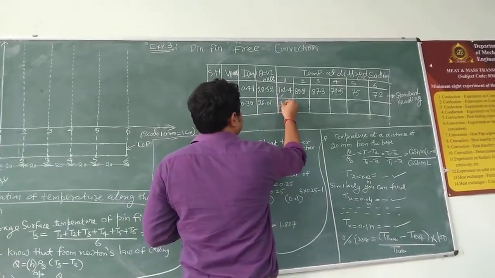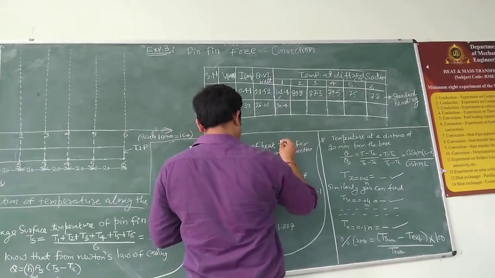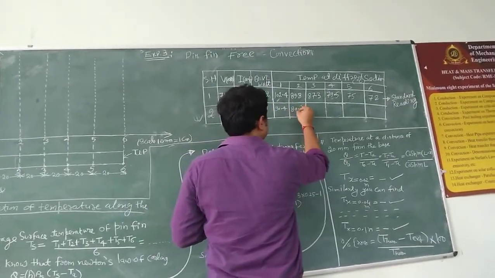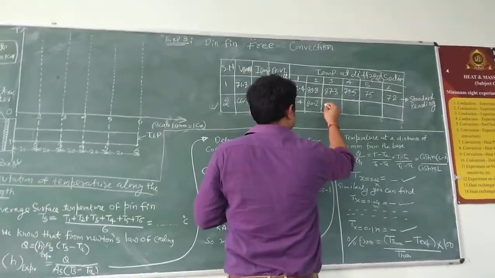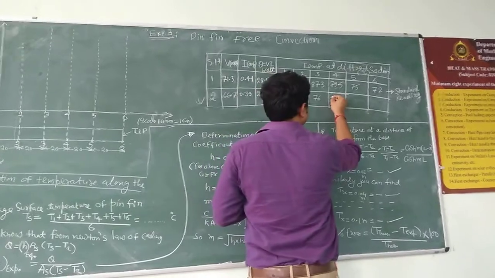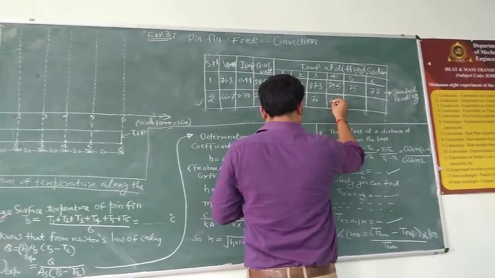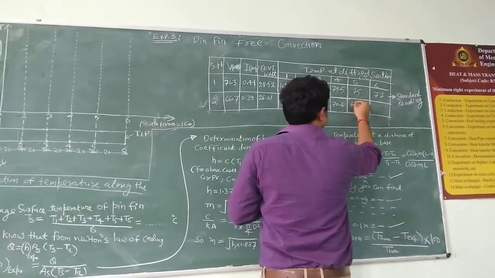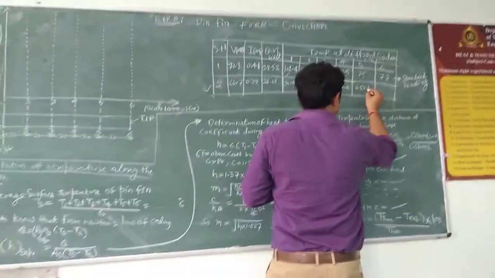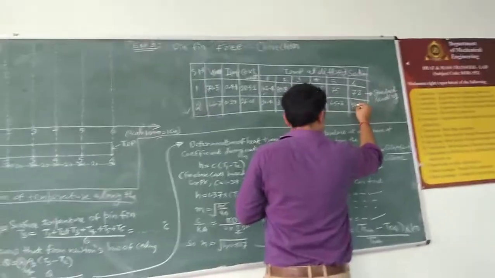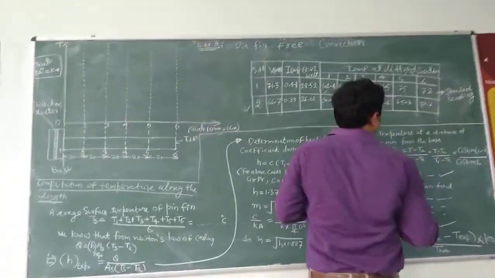T1 is 90.4 degrees Celsius, T2 is 80.2, T3 is 76, T4 is 70.6, T5 is 65.3, and T6 is 50.2.